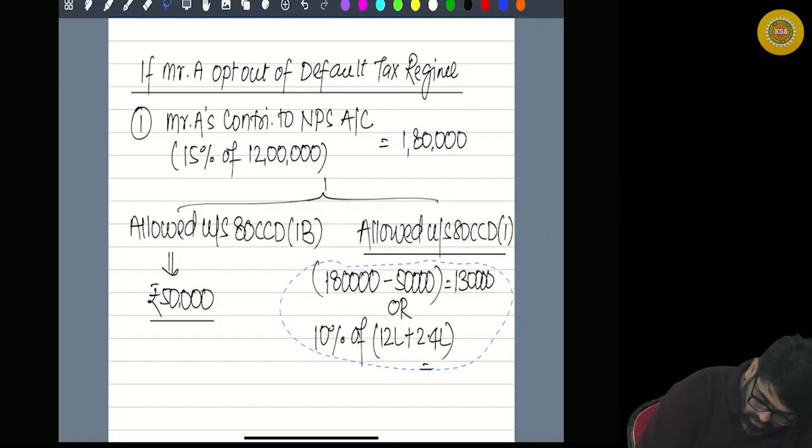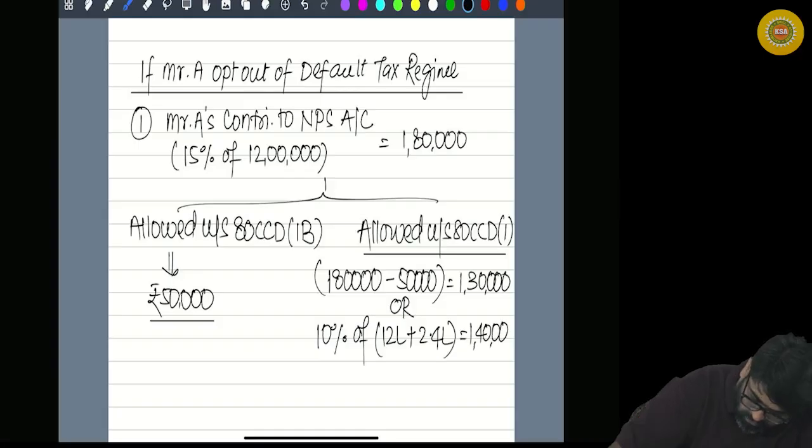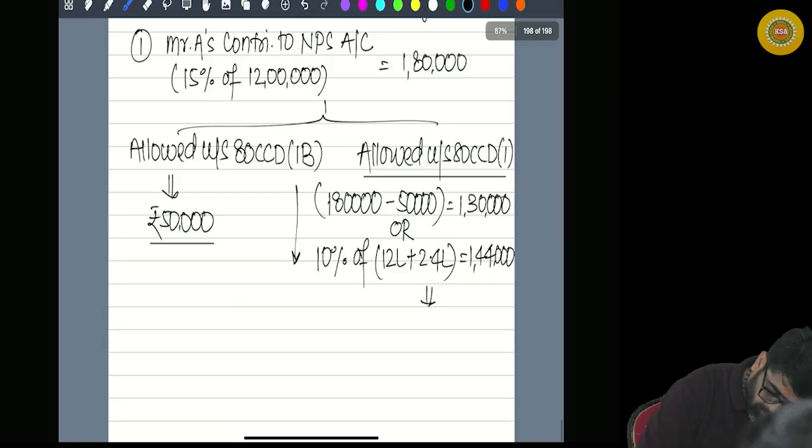Getting it or not? What am I doing? Logic or magic? Magic, no? Very good. 1,30,000 or 1,44,000, whichever is lower. So here the deduction will be rupees 1,30,000.